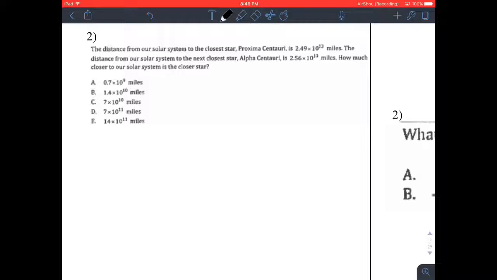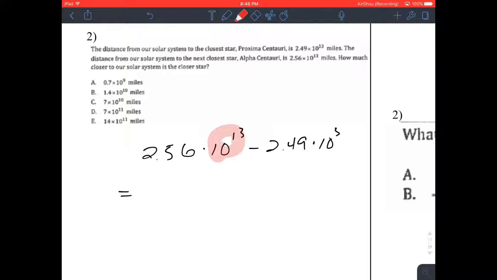Well, to do this problem, we're going to have to take 2.56 times 10 to the 13th minus 2.49 times 10 to the 13th. Subtract those. Now you can treat the 10 to the 13th kind of like a variable because we're multiplying that.